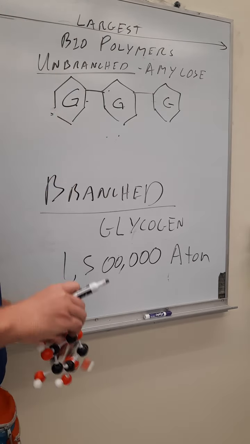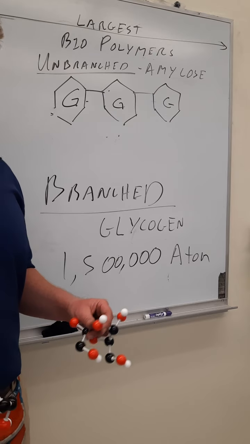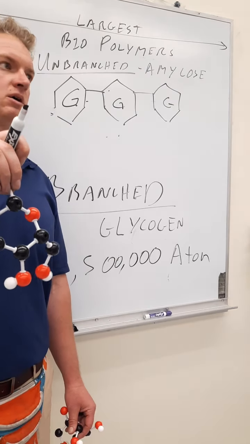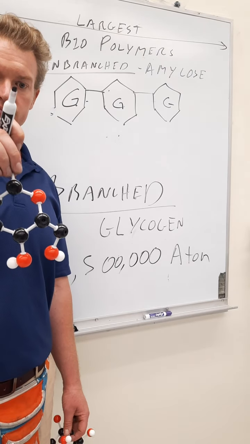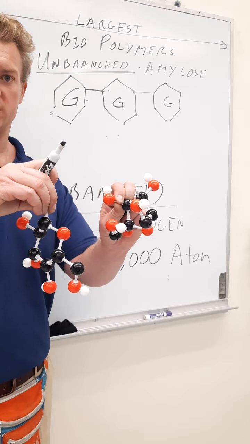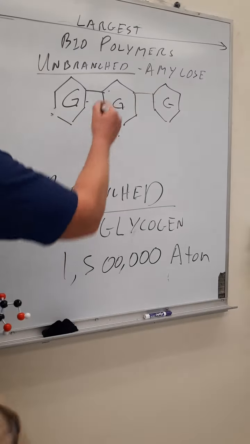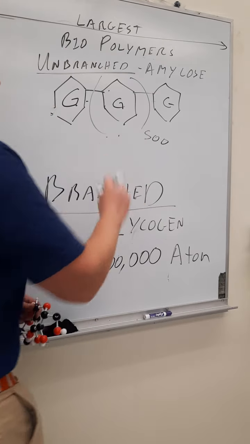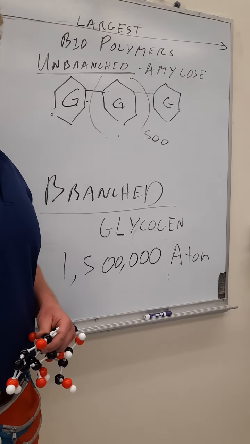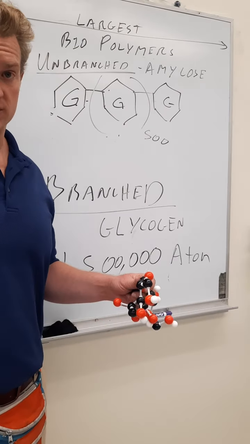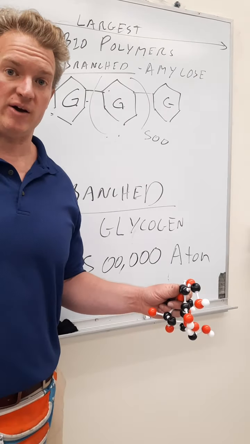Now let's think about the scale here for a second. We went from a monosaccharide that contains 24 atoms total, then to a disaccharide that contains about 48 atoms. If these things contain, say, 500 of these repeating units, we are now talking about tens of thousands of atoms, about 100,000 atoms.